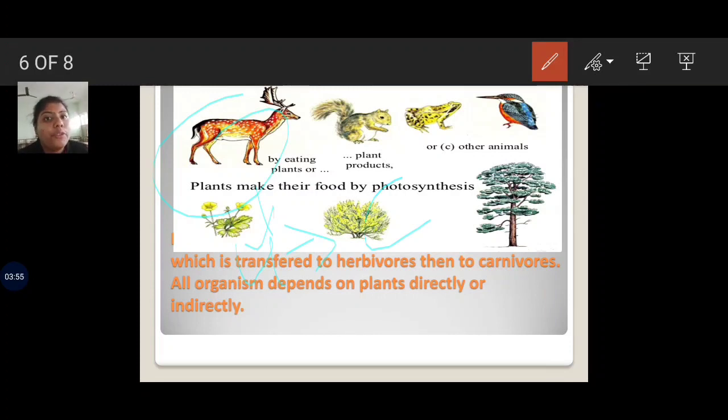So the nutrient, that is in the form of starch, keeps on transferring. That means we depend on the nutrient that we obtain from the plant directly by taking the plant product and parts, and indirectly by eating the plant eaters.